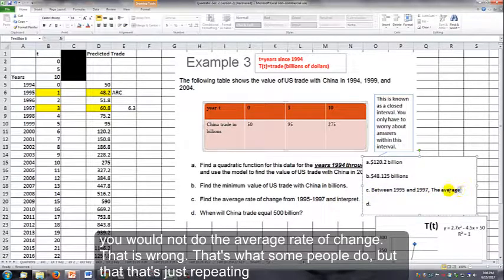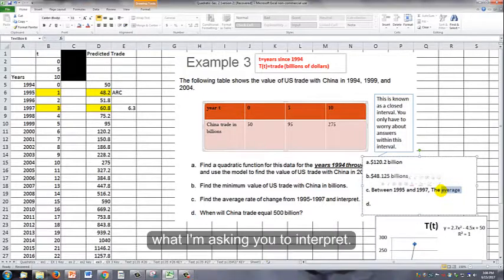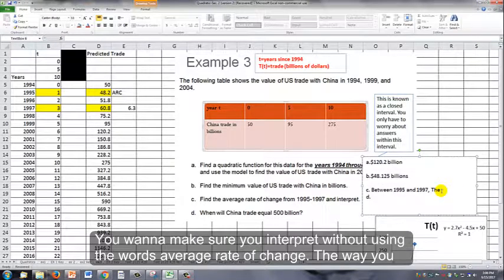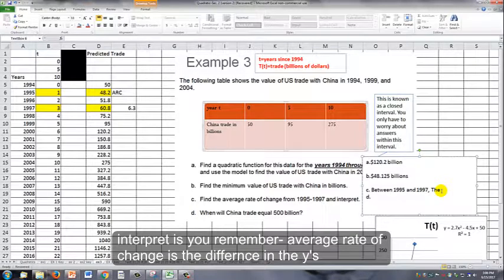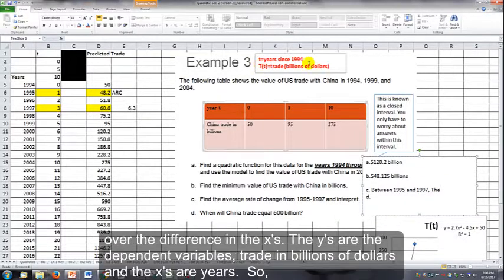That's what some people do, but that's just repeating what I'm asking you to interpret. You want to make sure you interpret without using the words average rate of change. The way you interpret is, you remember, average rate of change is the difference in y's over the difference in x's. The y's are the dependent variables, trade in billions of dollars. The x's are years.